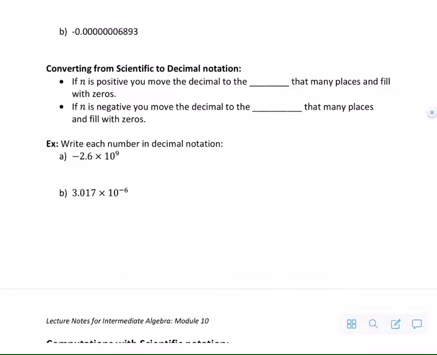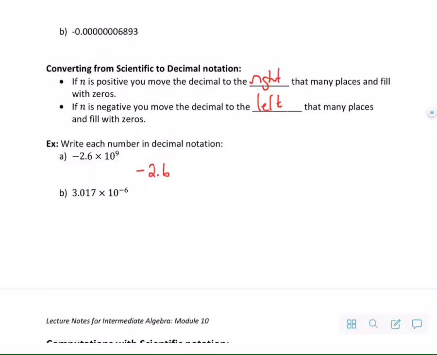All right, I know I'm out of time, but I can do this real quick. 2 blanks on this one are right or left. To convert from scientific notation to decimal notation, you move the decimal and fill in with zeros. So like on letter A, you take negative 2.6, and I'm going to move that decimal.